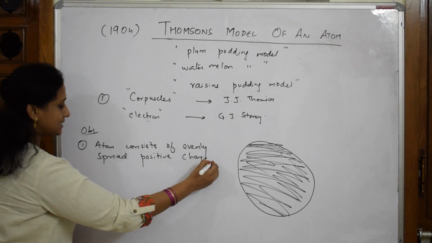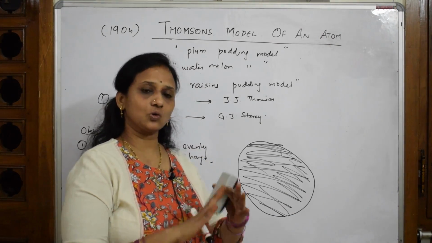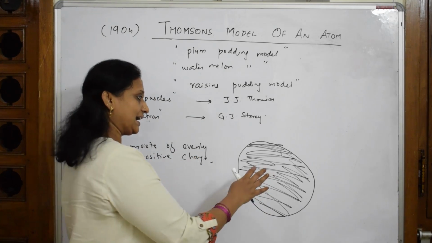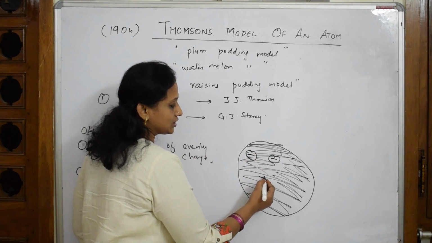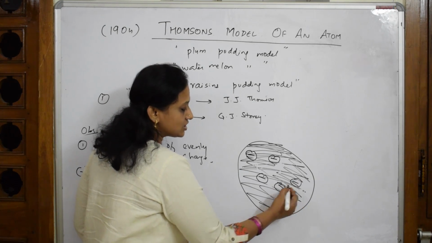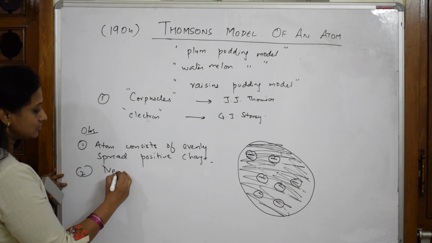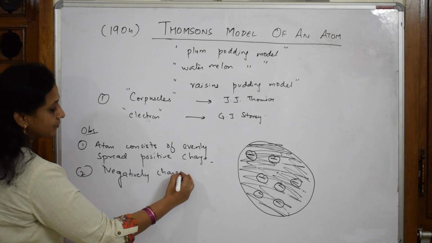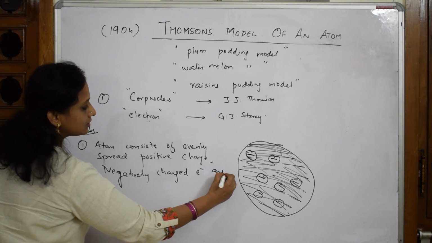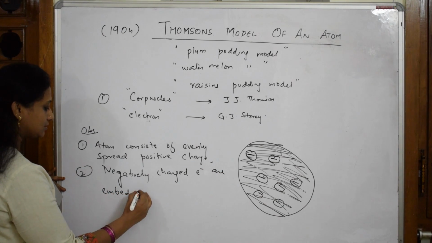After that, he said, in this whole evenly spread positive charge are embedded negatively charged electrons. So the negatively charged electrons are embedded in this way. Let us write that also: negatively charged electrons are embedded. Right, this is also fine.